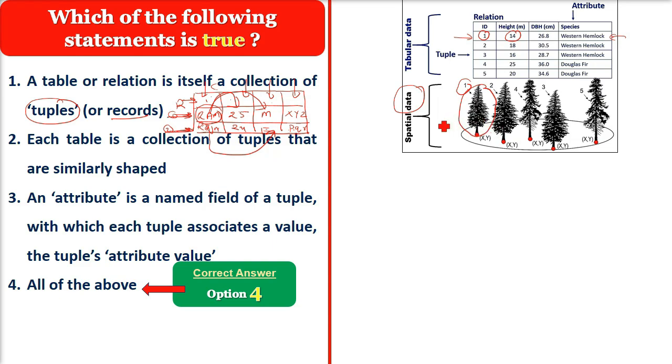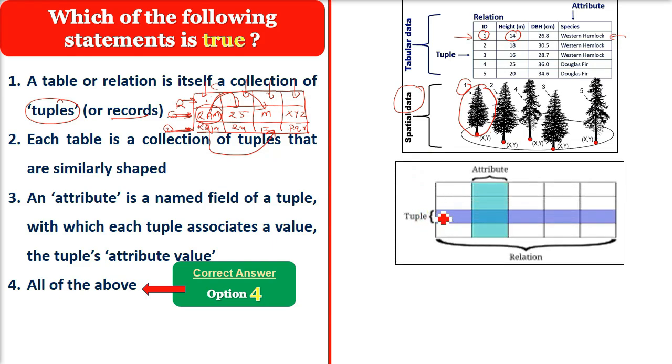Alright. So you need to know the table is just rows and columns. And how do we convert the spatial data into tabular data? We make rows. So a tuple is simply a row. A row may have various columns, and all these columns have attributes about a single data item, which is Ram or Rajni or a tree.